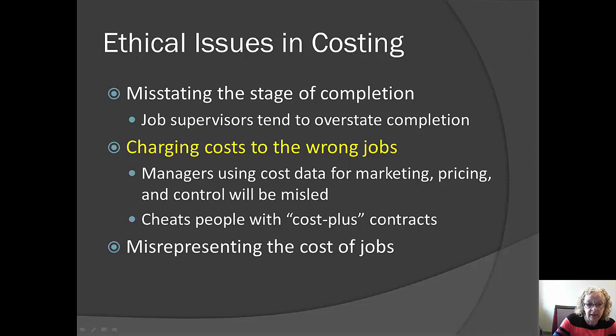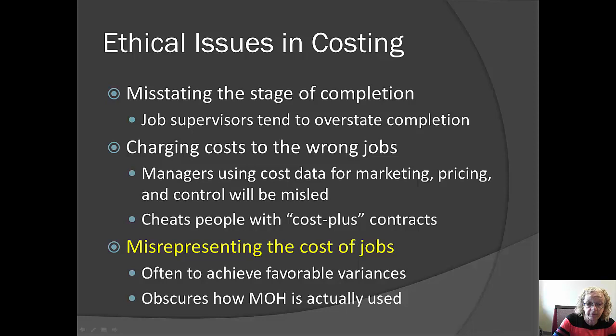The last issue is misrepresenting the costs of the job. If a firm is using a standard costing system, that means that managers will be rewarded based on achieving certain quantity and price goals. If managers have the opportunity to game those costs and quantities, then they may achieve a bonus that they didn't actually deserve.